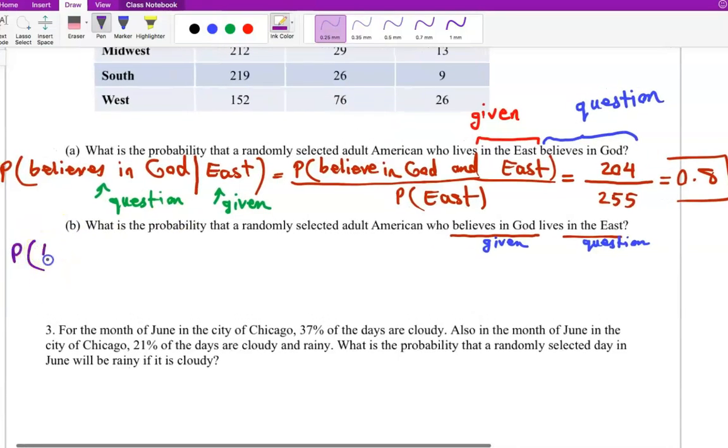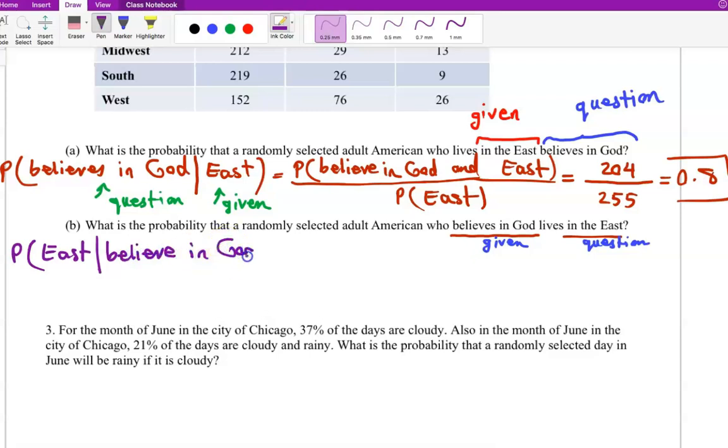So probability, this is our question. And this is what the given part was.